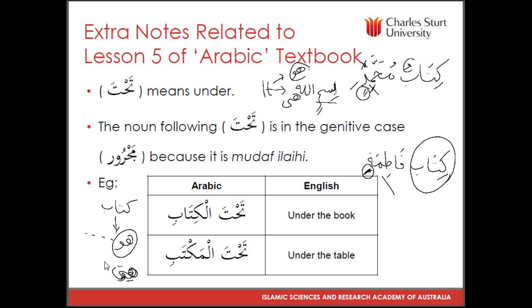You can say these things, but you cannot say this. If you put al in front of both nouns, it becomes an adjective phrase. Make it idafa, mudaf and mudaf ilayh, and you cannot use al in front in this sentence. Okay.